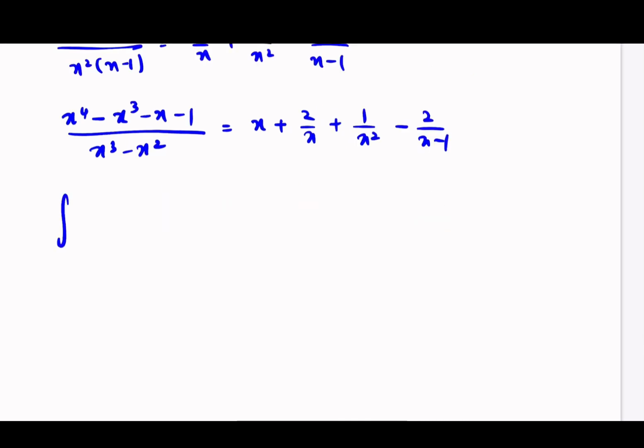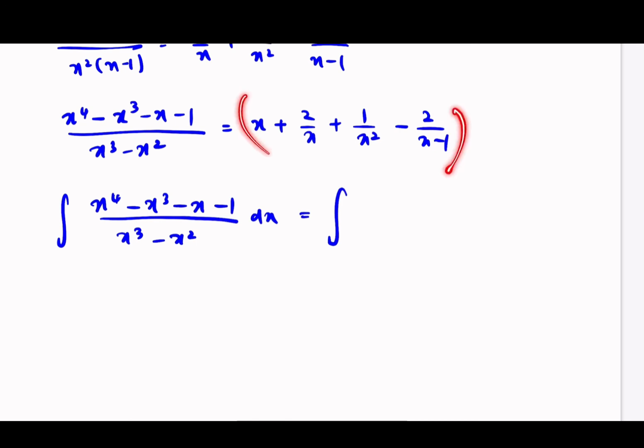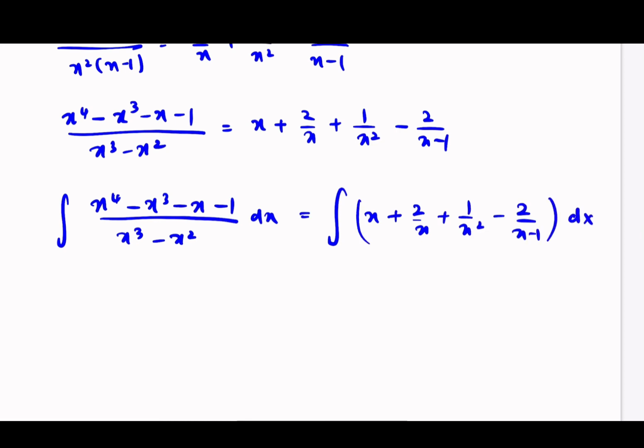Then, we want to integrate X kuasa 4 tolak X kuasa 3 tolak X tolak 1 over X kuasa 3 tolak X kuasa 2. So, kita akan integrate the whole thing here. Okay, so dia akan jadi X plus 2 over X plus 1 over X squared minus 2 over X minus 1. So, kita akan integrate dia satu-satu.